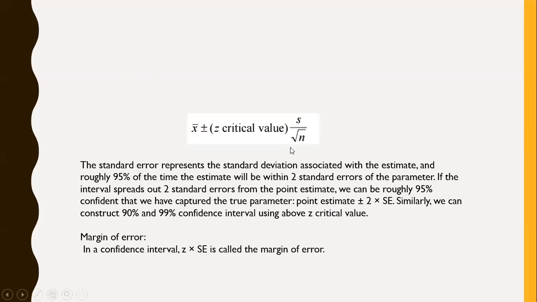But normally you don't do hand calculation. If you run your test in statistical software, the only thing you have to give is the confidence level. If you enter your confidence level, whether it is 95%, 90%, or 99%, it will automatically generate your confidence interval, right?